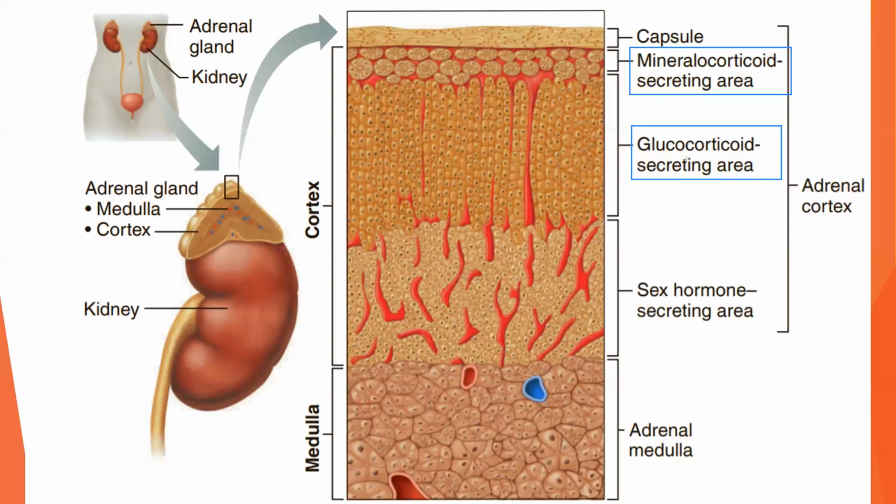Lastly, for the hormones produced in the adrenal cortex, we have your sex hormone secreting area here, which produces your hormones androgen and estrogen. This will be discussed later on when we discuss your gonads.